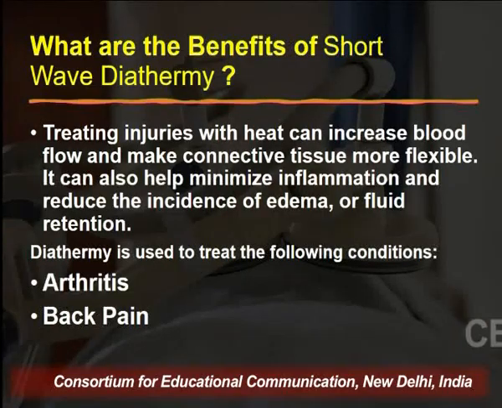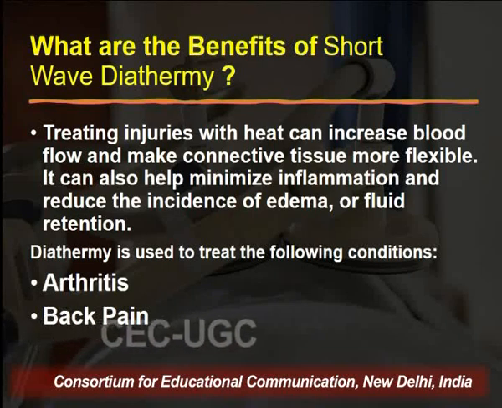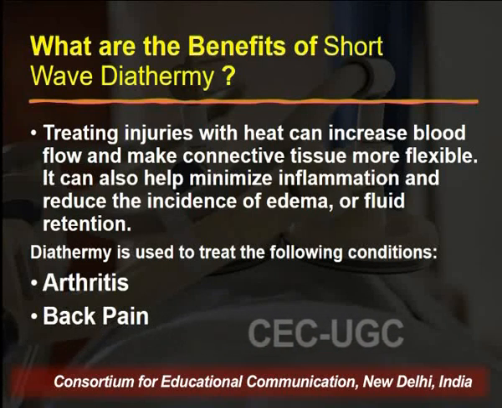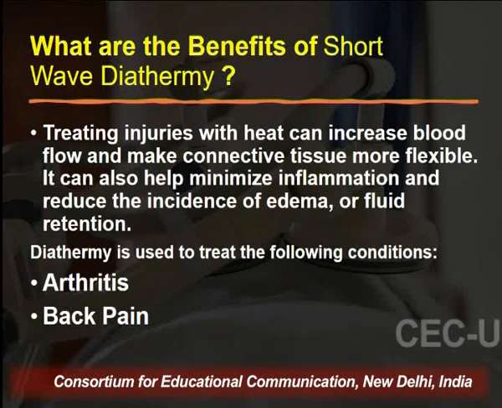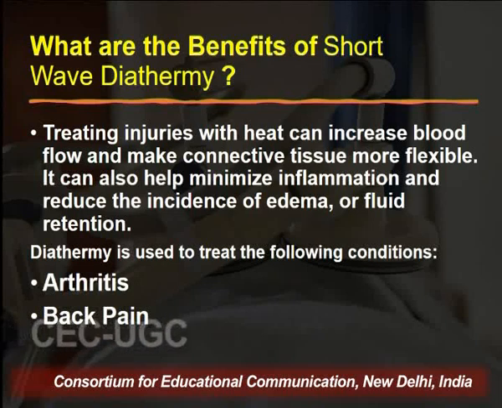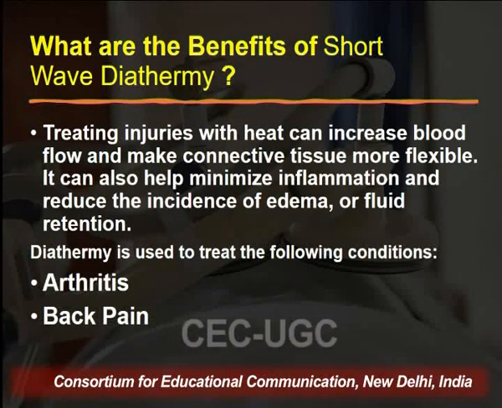Then, what are the benefits of shortwave diathermy? So, treating injuries with heat can increase blood flow and make connective tissues more flexible. It can also help minimize inflammation and reduce incidence of edema or fluid retention.